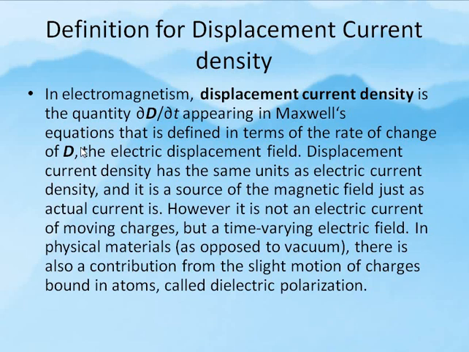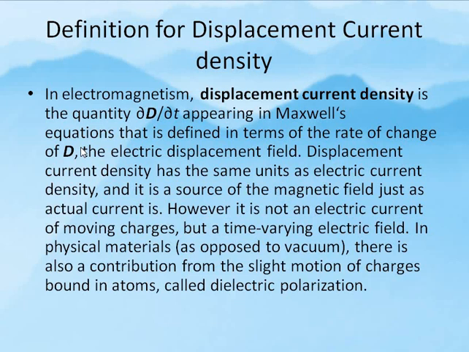The displacement current density is defined in Maxwell's equation. The displacement current has the same units as the current density, as it is a source of magnetic field just as an actual current.